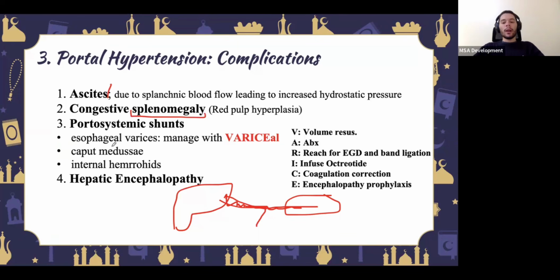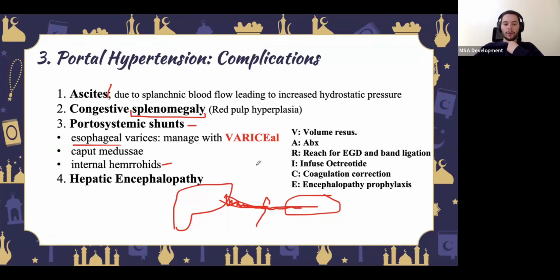Right? Then you have portosystemic shunts, which we already discussed. So blood would backflow into the portosystemic shunts. With the esophagus, it would form esophageal varices. With the paraumbilical, it would form the caput medusae, and with the superior rectal, it would form your internal hemorrhoids.